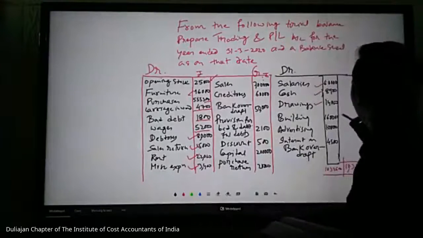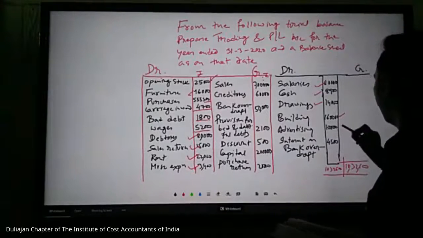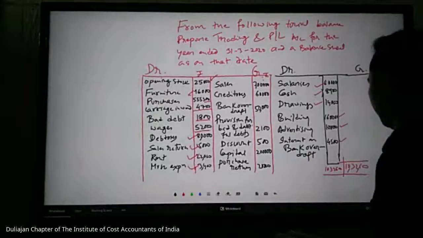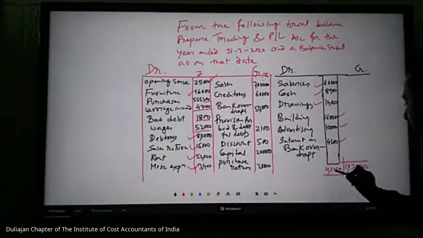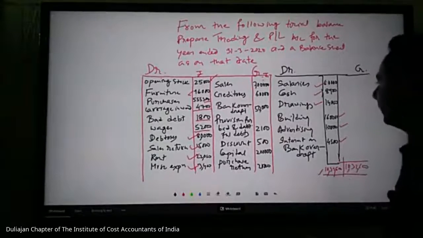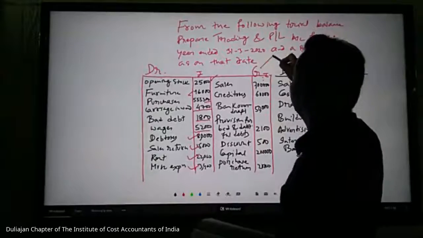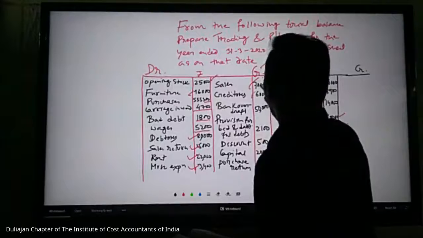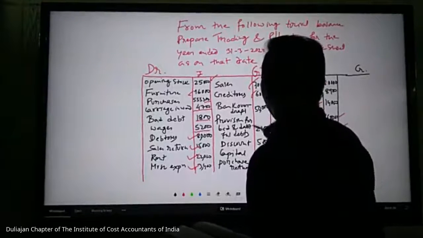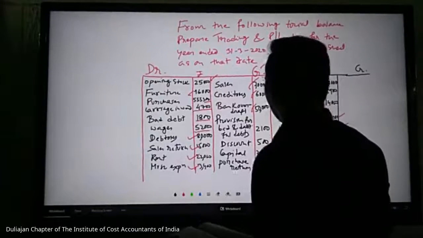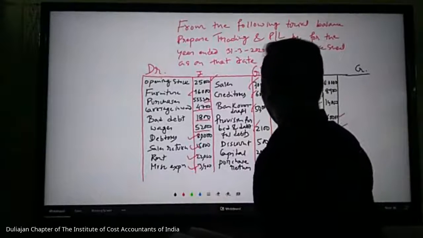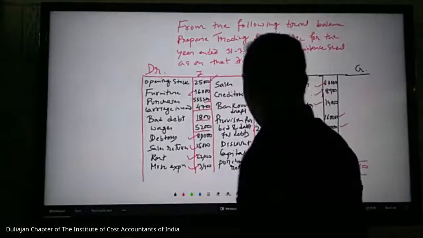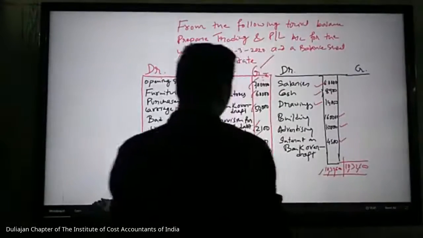Building 1,60,000. Advertising 10,000. Interest on bank overdraft 4,500. Total 10,32,600. Then credit side: sales 7 lakhs, creditors 60,000, bank overdraft 50,000, provision for bad and doubtful debt 2,100, discount 500, capital 2 lakh, purchase return 20,000.